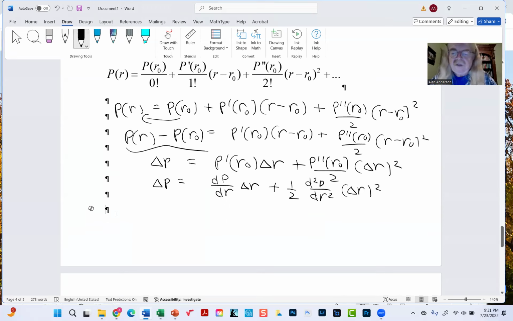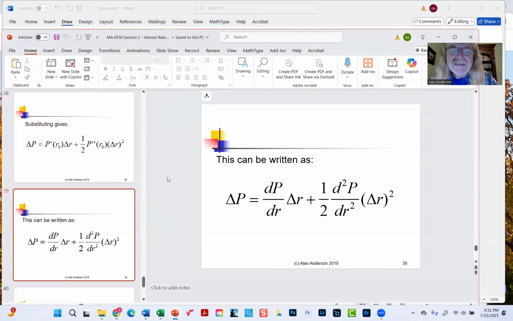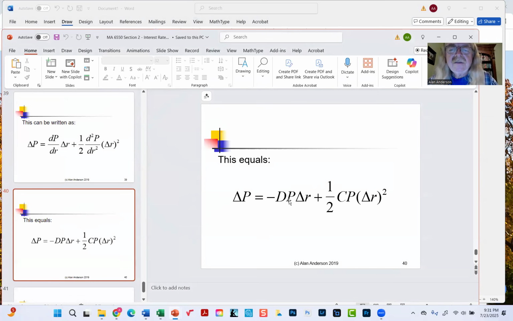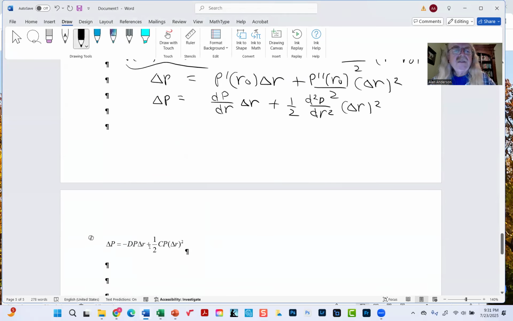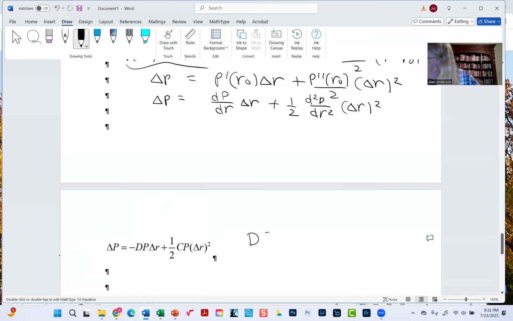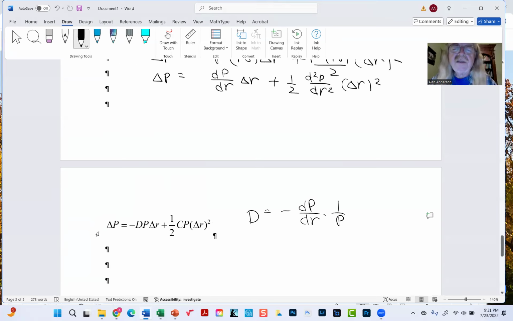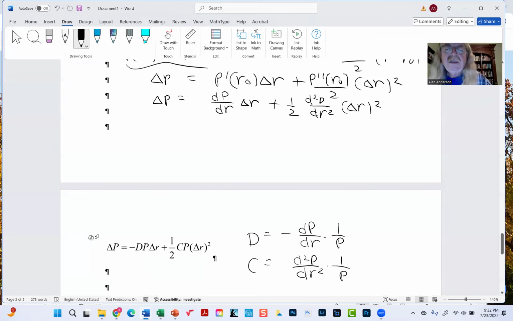All right, and so what is this getting us? Well, you might notice that we've defined D as negative dP dR times 1 over P, and C as the second derivative over P. That means that if I divide both sides by P, let's see.